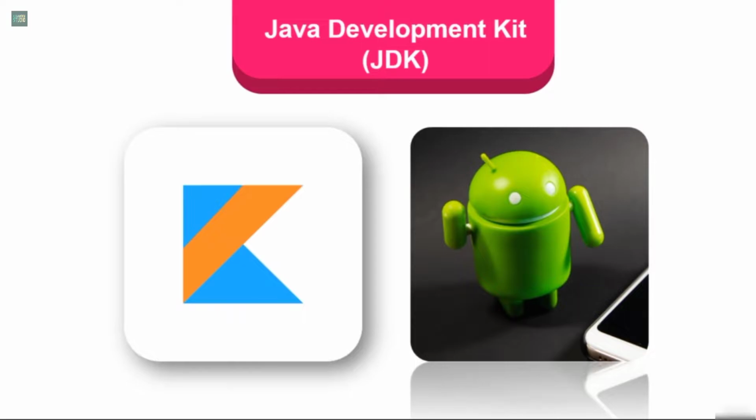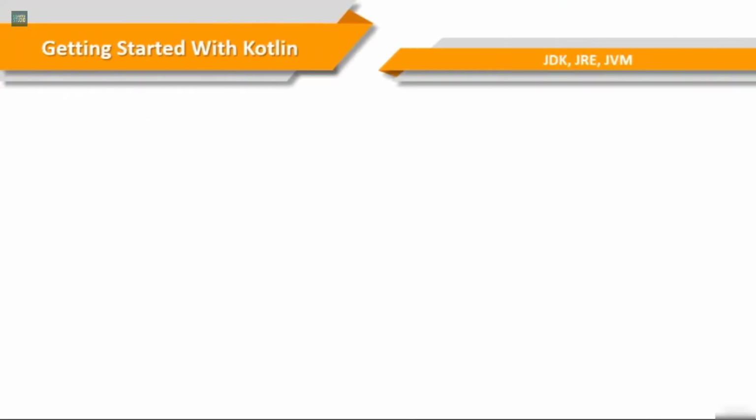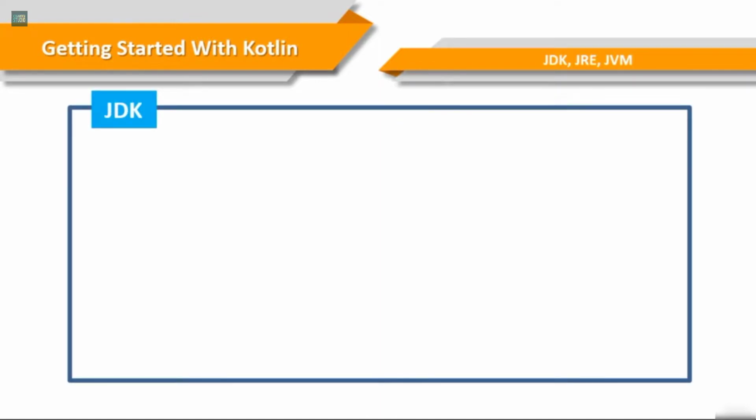Before we move on to the JDK installation, I would like to briefly explain the concepts of the Java Development Kit, or JDK, the Java Virtual Machine, or JVM, and the Java Runtime Environment, or JRE. The Java Development Kit is a software development environment used to develop Java applications.